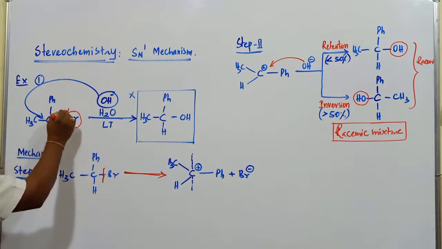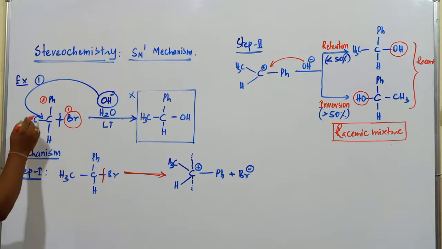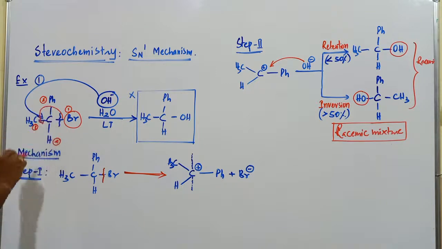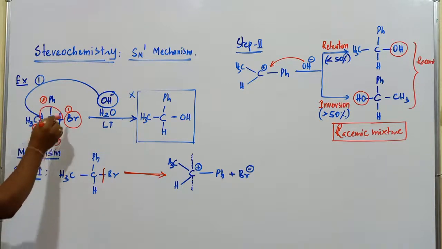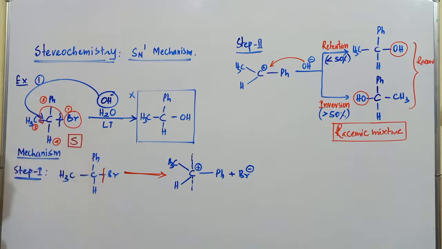Bromine is the first priority, second priority is the carbon bond, it is only a carbon atom, third priority, this is fourth priority. Here the direction is anti-clockwise. When it is anti-clockwise, the configuration is called S.